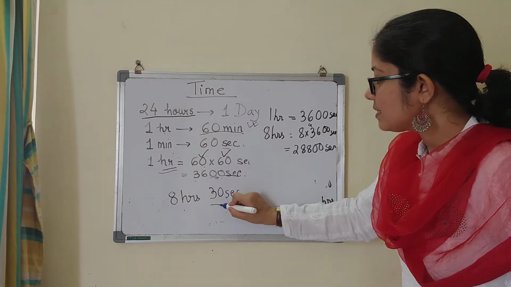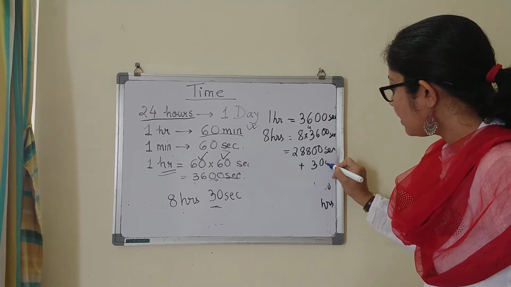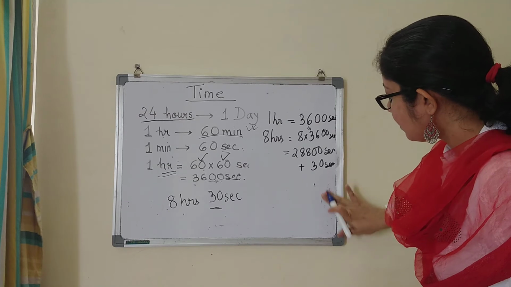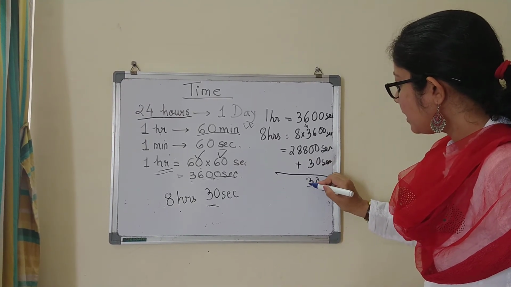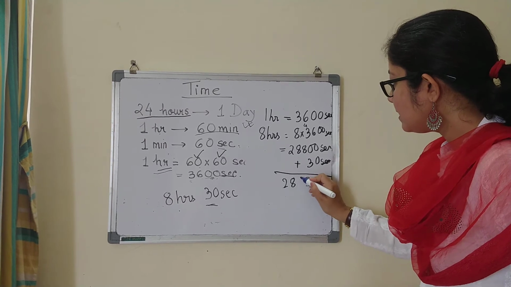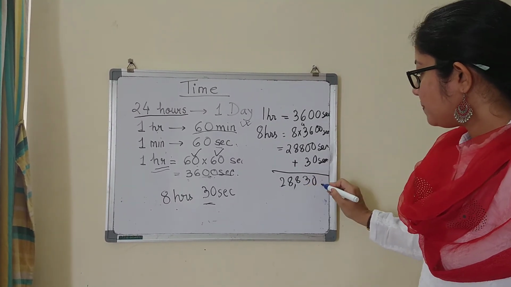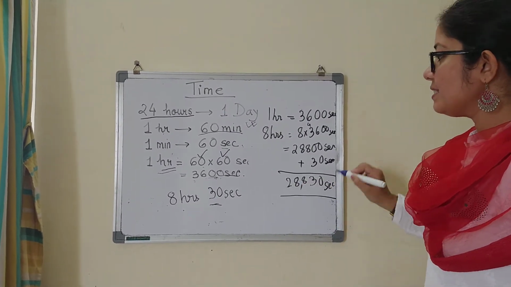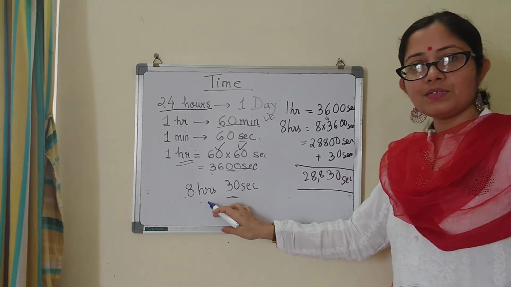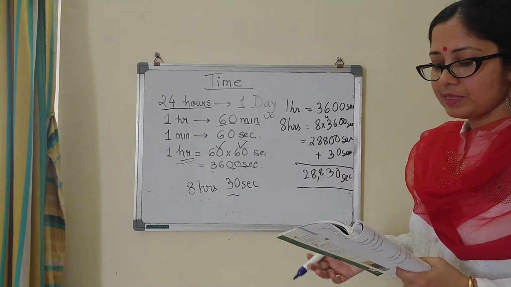Plus there is 30. So I will just add 30 seconds over here. So now what will be my answer? Let us say 28,830. Okay. So it's a big number. But this many seconds are there in 8 hours and 30 seconds. So this way your sum may come.